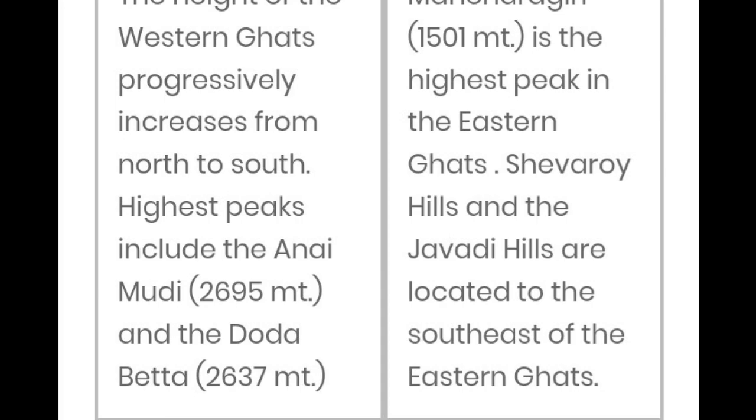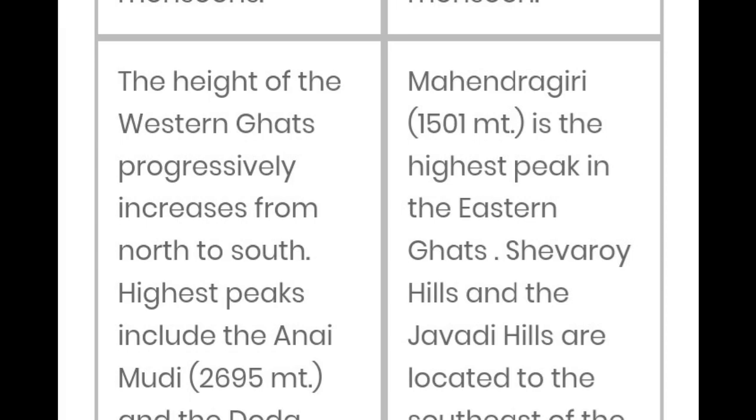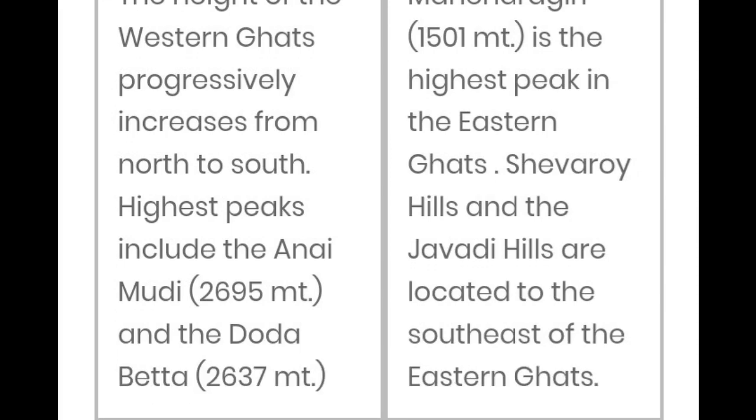In the Eastern Ghats, the highest peak is Mahendragiri, with a height of 1501 meters. After that come the Shevaroy Hills and the Javadi Hills, located in the southeast of the Eastern Ghats.